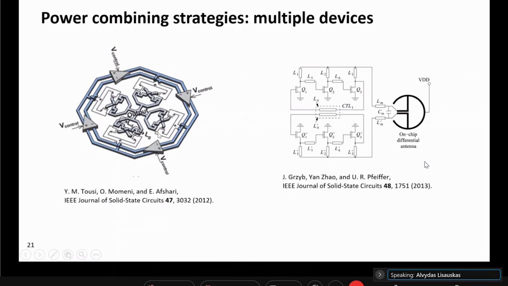A lot of devices are connected here into a central point as an output. Ulrich Pfeiffer, chips already in 2013. His oscillator, for example, has one antenna connected from differential triple push oscillators. So that's at least 6 oscillators, 3 times more than we have. And this explains why our power levels are not that high on one side, but the simplicity of the circuit is on the other side. It's a lot more of an advantage for us.